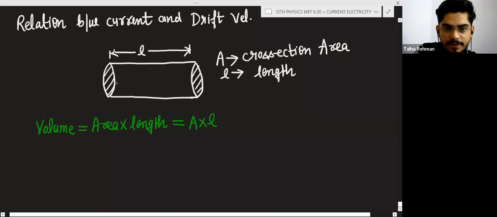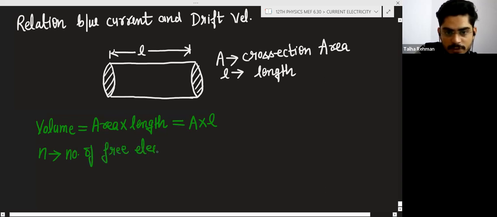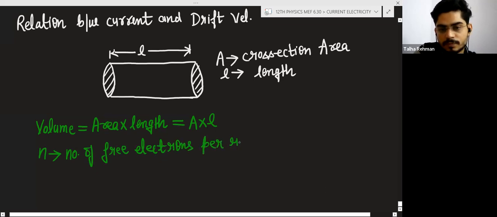And small n is the number of free electrons per unit volume of conductor.